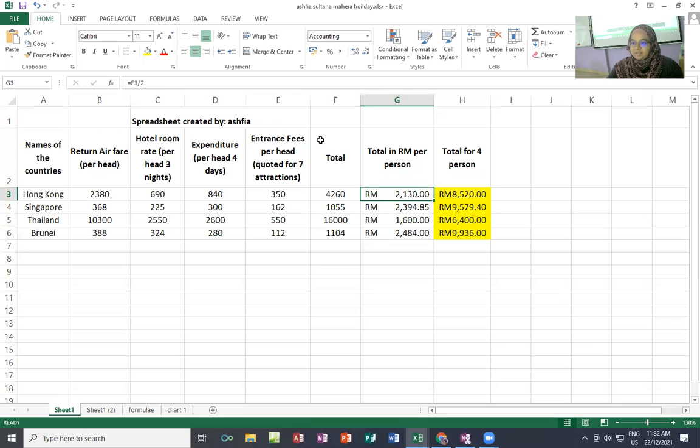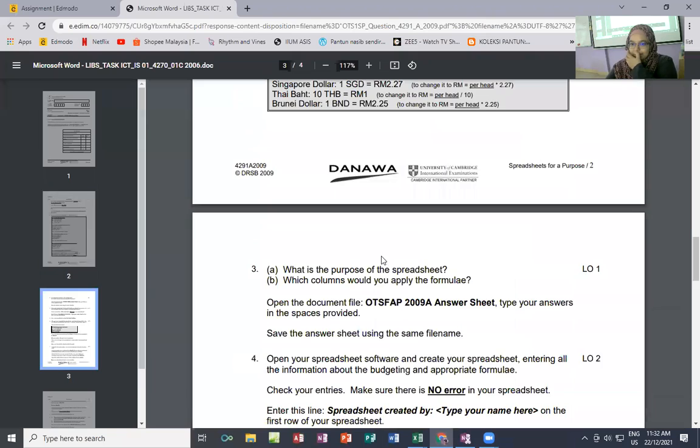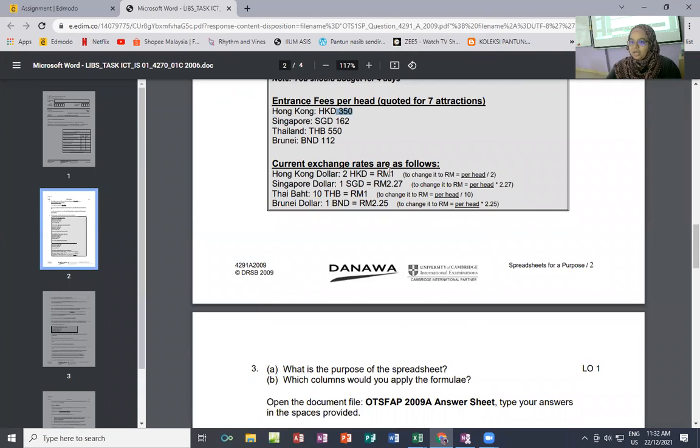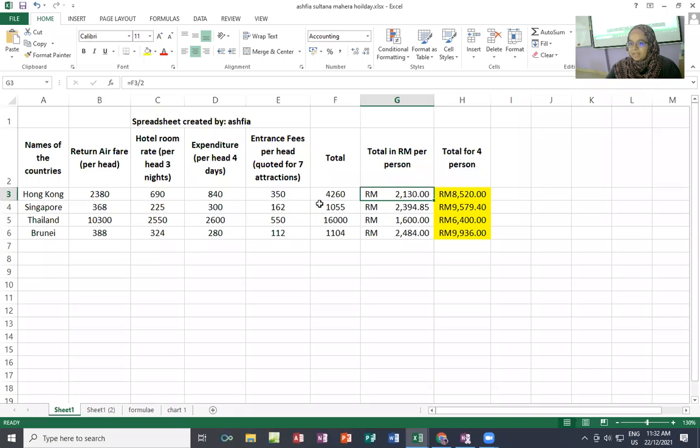You use the formula which has been given here. Hong Kong dollar, RM 1 ringgit. Change to RM per head, divide by 2. These are the per head, you have to divide by 2.